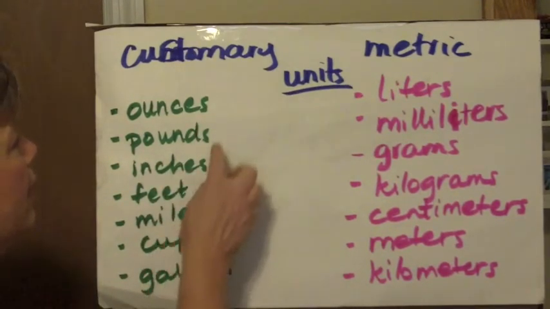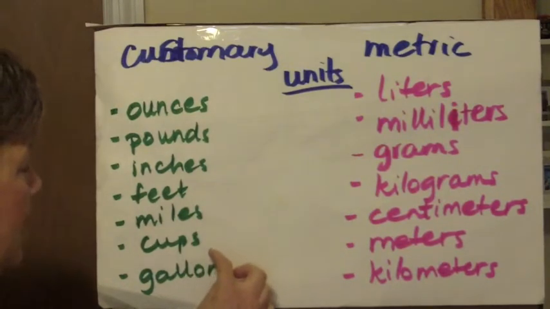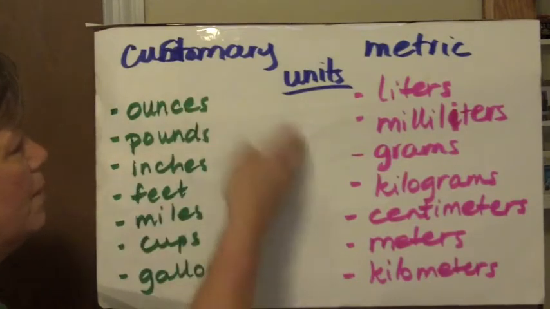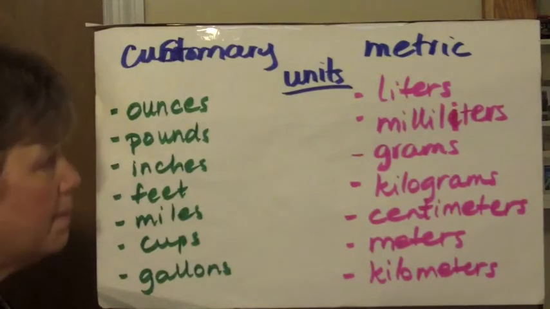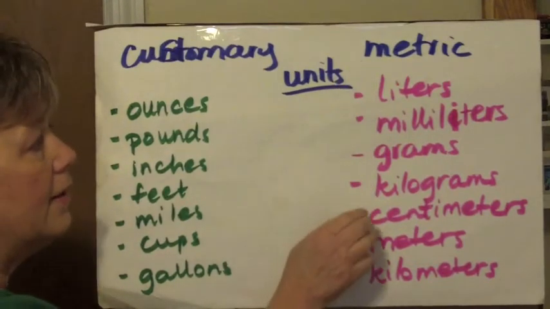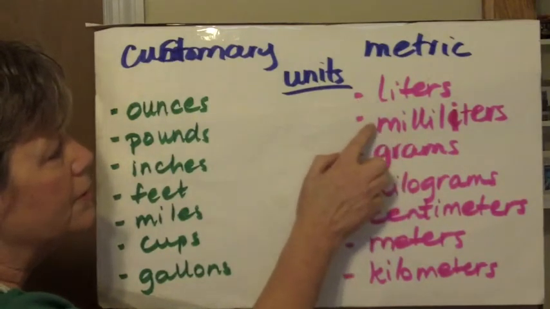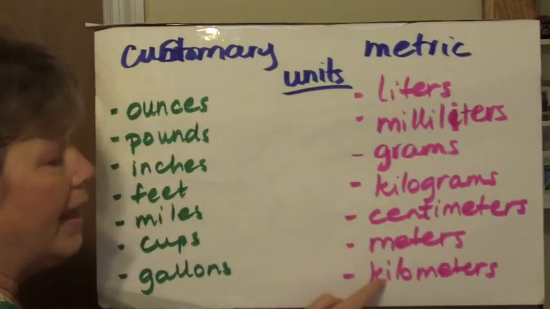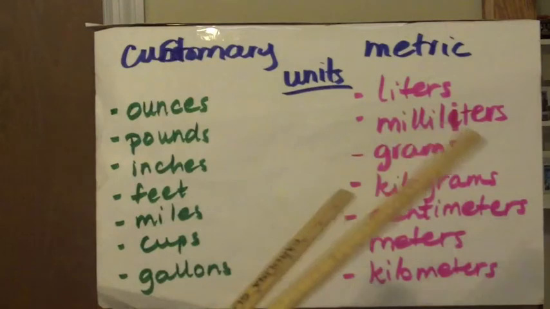In customary are ounces, pounds, inches, feet, miles, cups, gallons. Not just limited to that, but these are the most common units that we use. And under metric, not limited to, but these are the most commonly used: liters, milliliters, grams, kilograms, centimeters, meters, and kilometers.